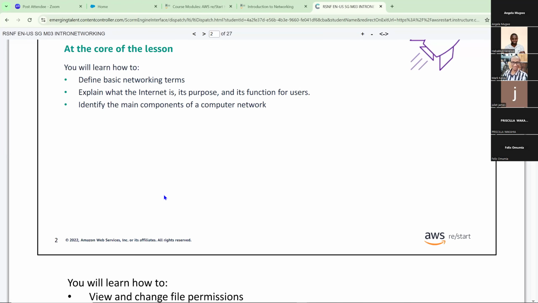By the end of this lesson, you should be able to define basic networking terms, explain what the internet is, its purpose and its functions for users, and identify the main components of a computer network.